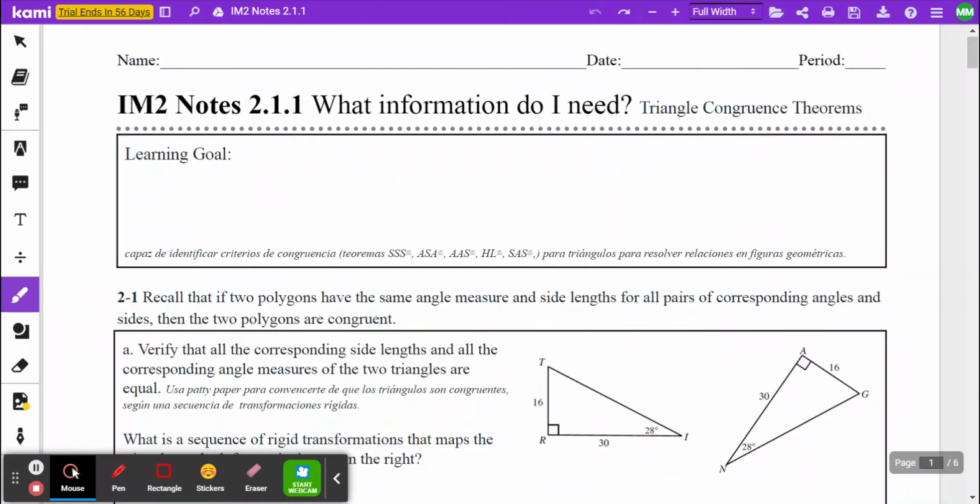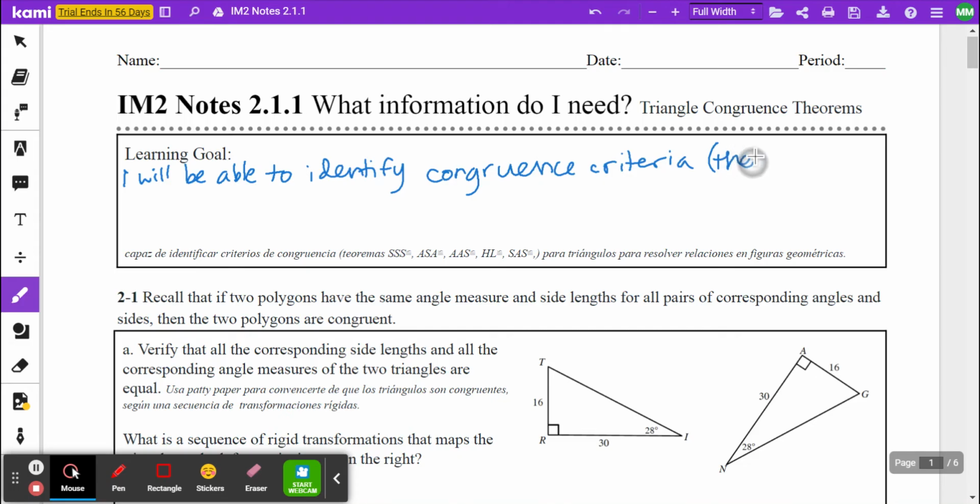What information do I need for triangle congruence? Our learning goal, which we'll write in the first person, is: I will be able to identify congruence criteria, and that will include certain theorems, abbreviated as SSS congruence, angle side angle (ASA) congruence, angle angle side congruence, hypotenuse leg congruence, and side angle side congruence.